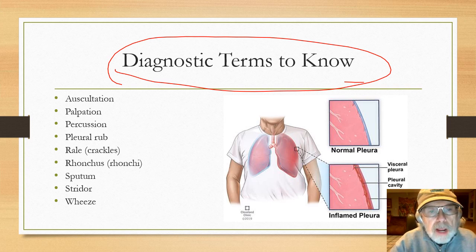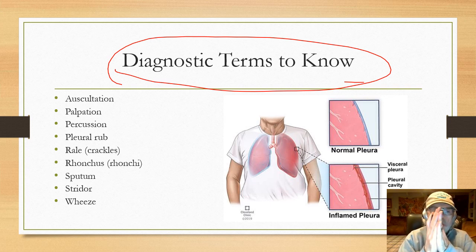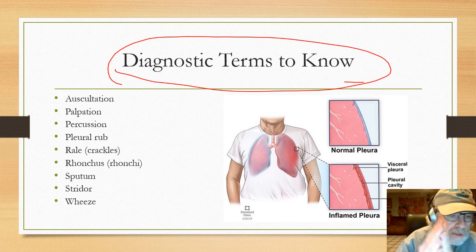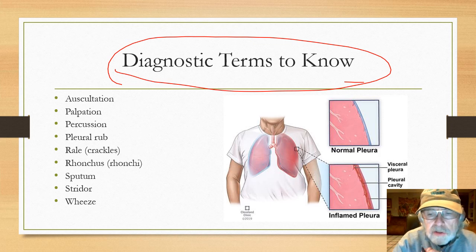As a result, when people take a deep breath, the visceral pleura and the parietal pleura will scrape along each other. Some people describe this as sounding like rubbing two pieces of sandpaper together. And that's what we get with a pleural rub. In the area where the pleura is inflamed, you'll hear this sandpapery rub when you listen over the top of it. That's called a pleural rub.